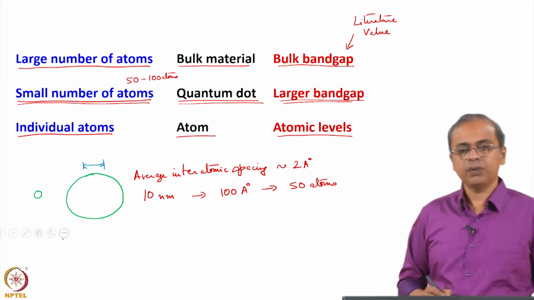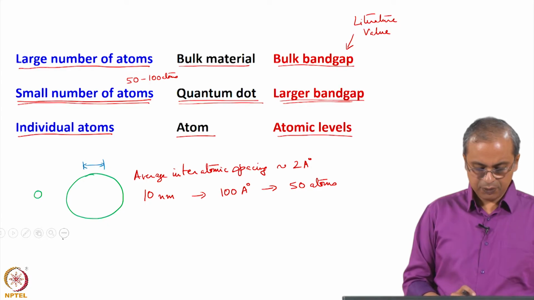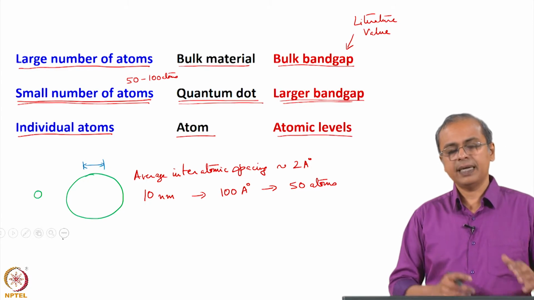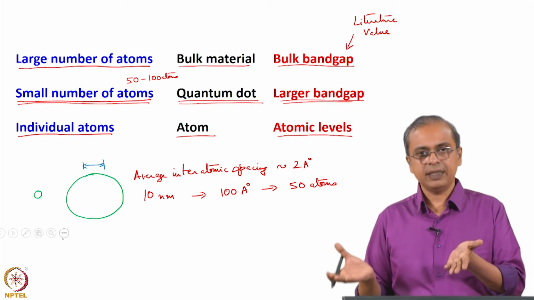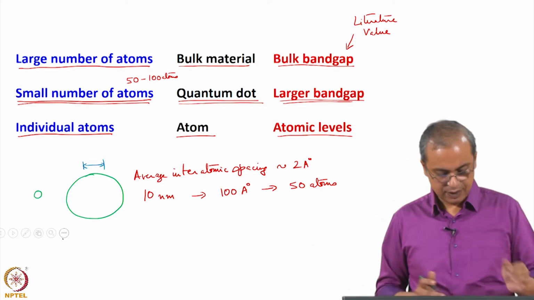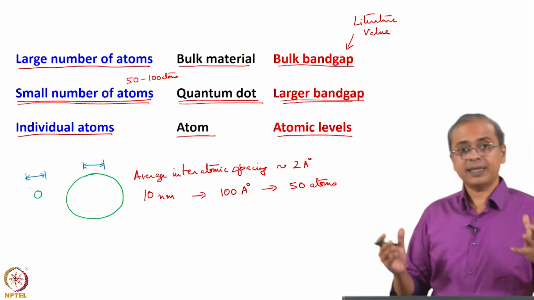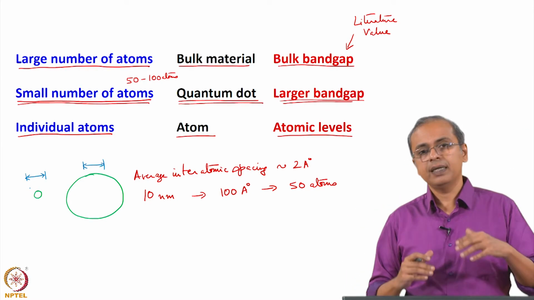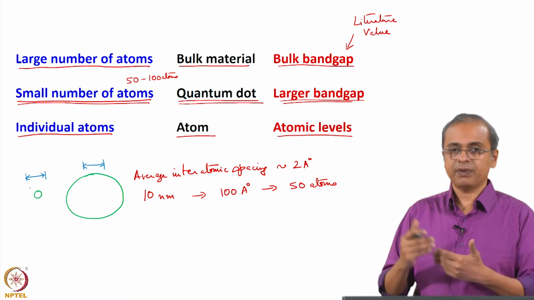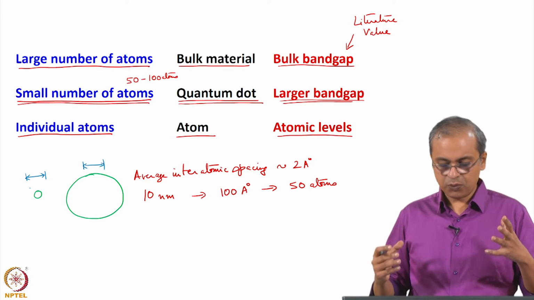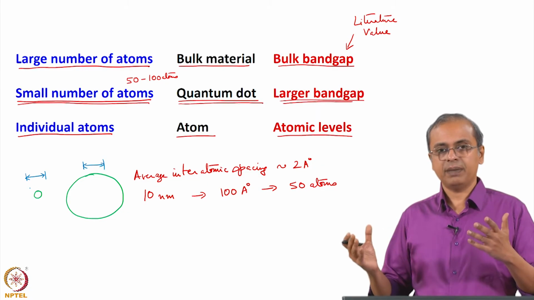This exciton Bohr radius clearly is smaller than the large particle, and therefore, in the large particle you see the band gap of the bulk. On the other hand, here it is larger than the particle, and therefore, the exciton is now getting confined within this particle, and you see a behavior which is different from that of the bulk, and that is what ends up creating a shift in the band gap.